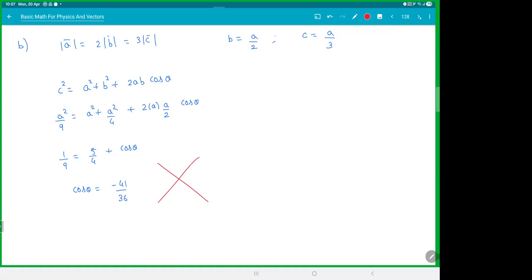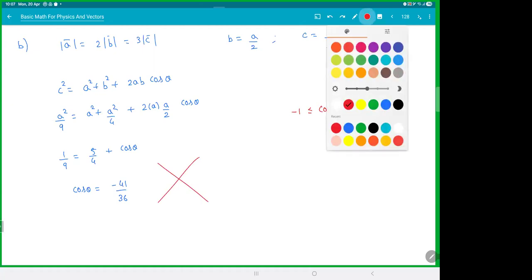Anyone figured out why? Cos theta can't be less than -1. This value, -41/36, is below -1, isn't it? So what's wrong with this? Just look at the values.